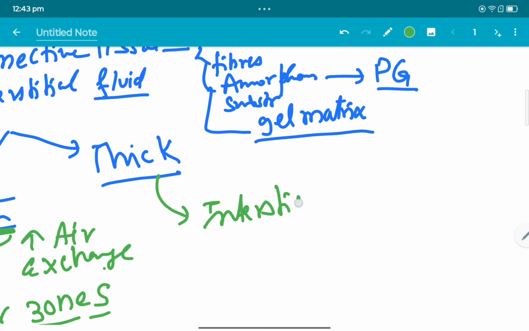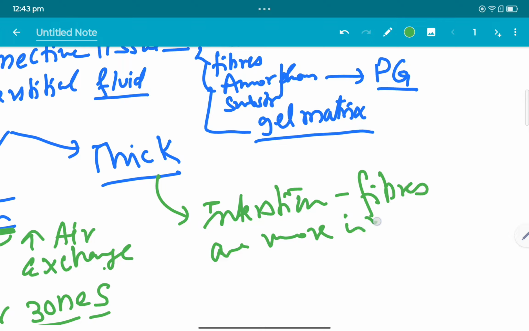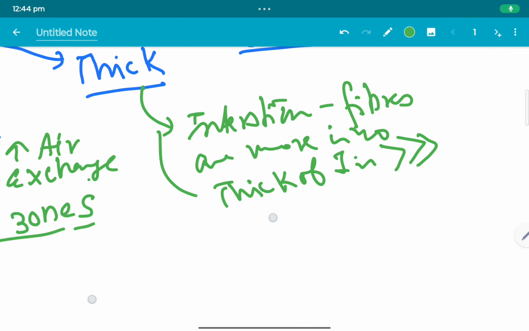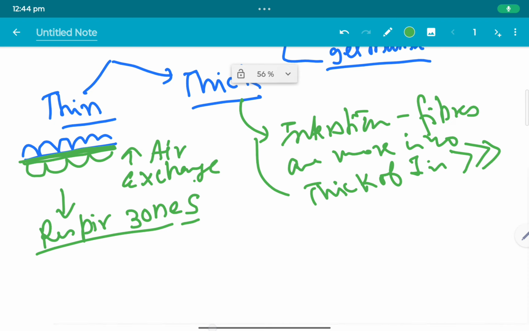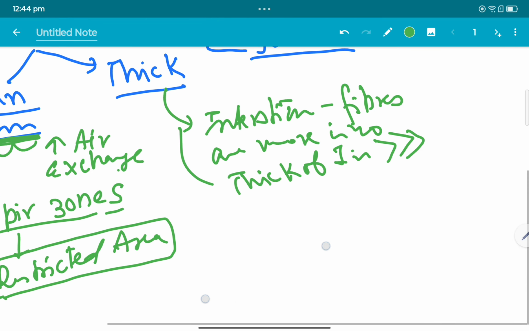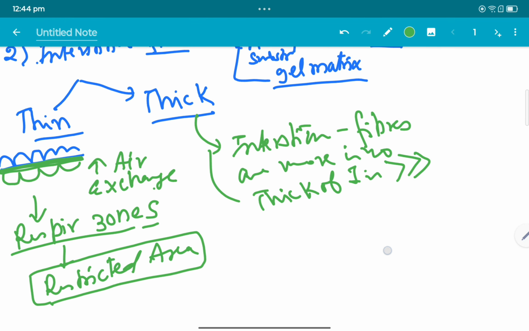And in the thick areas of interstitium, fibers are more in number and the thickness of interstitium is more. These thin areas are called restricted areas because they have been reduced to a thin basement membrane and single layer epithelial and endothelial cells.